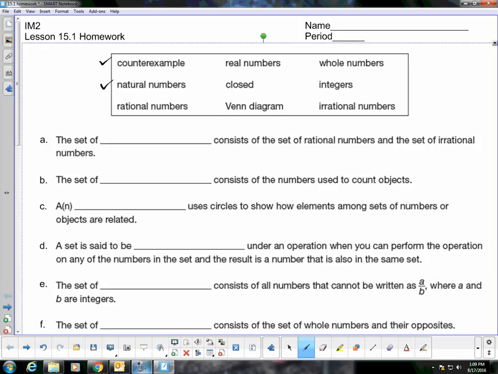We are going to look at all the natural numbers, rational numbers, real numbers, whole numbers, integers, irrational numbers, and we're going to arrange them in a Venn diagram.